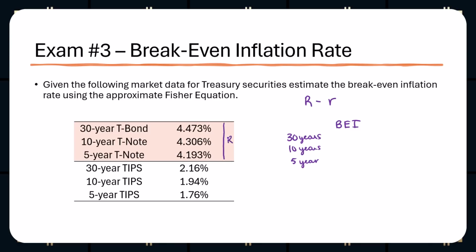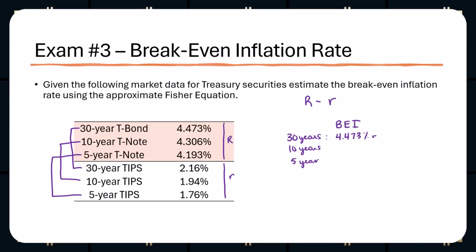Again, to do this, we'll take the nominal rates, which are right here, and we will subtract off our real rates, but it's important that we match them by their time to maturity. Otherwise, we have apples and oranges here. So our 30-year nominal rate is going to be 4.473%.